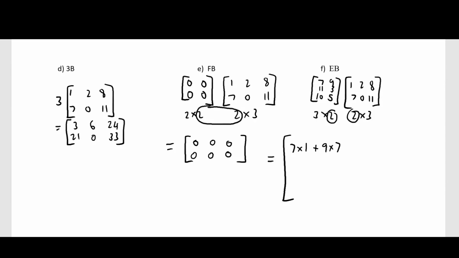Okay, that's the first one, then the next one. 7 times 2 plus 9 times 0, which is nothing. Then 7 times 8 plus 9 times 11.